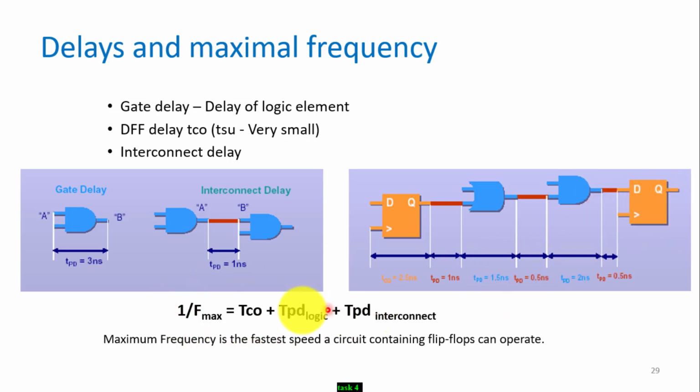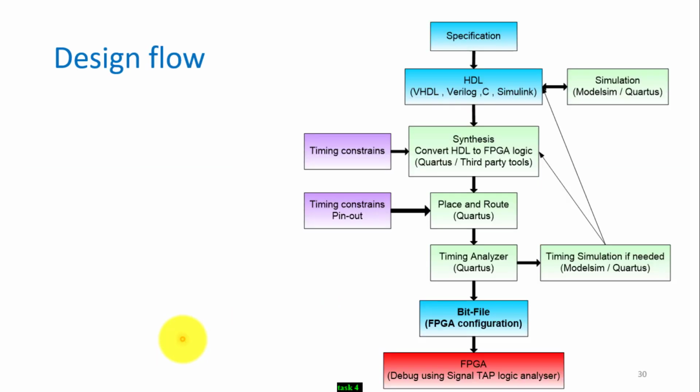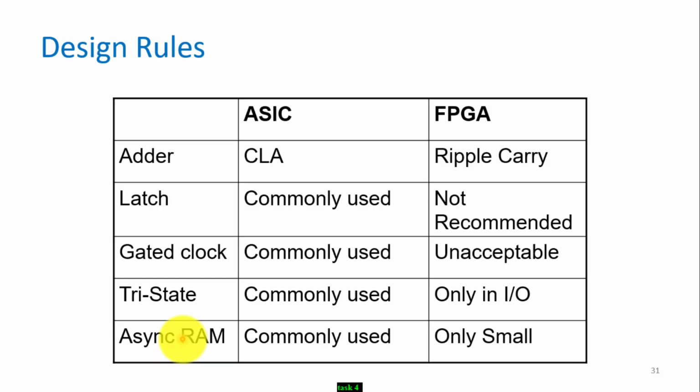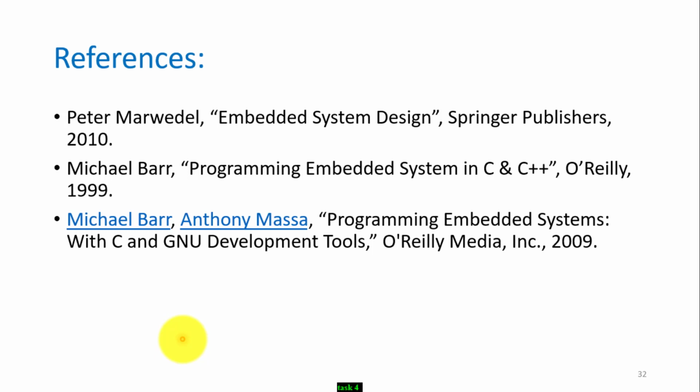All of these together will give us the total delay. One over the total delay will give you F maximum for any system. This is the design flow for an FPGA, and this is a comparison between FPGAs and application-specific ICs. This is mainly the lecture, mostly it's theory.